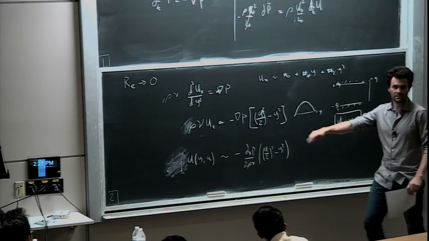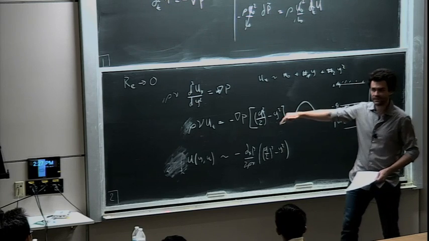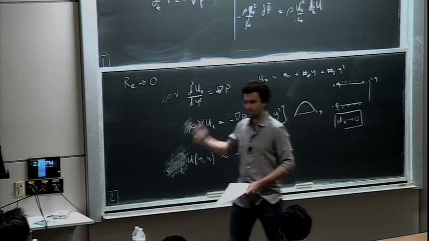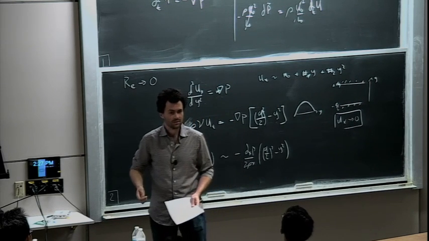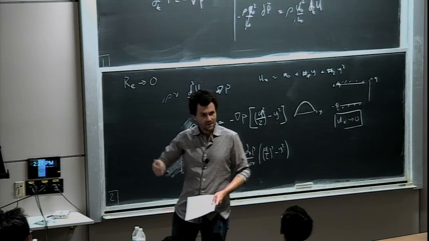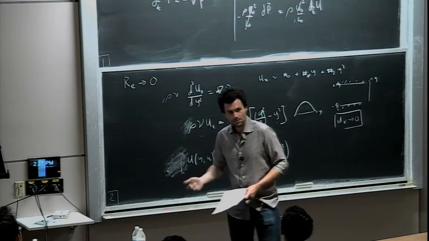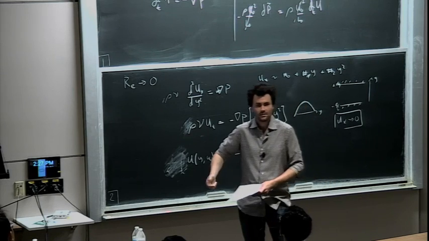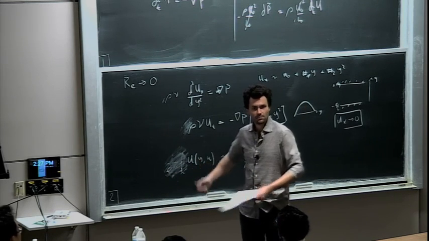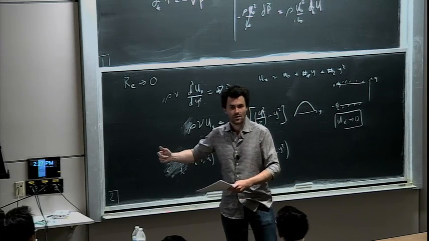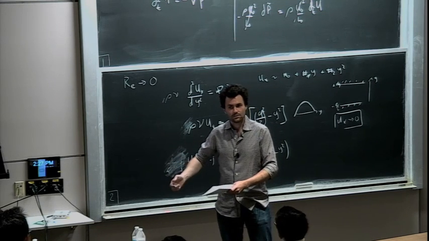You can do this as an exercise. So you can see that by dropping the terms in your equation in advance of solving the problem, we were able to recover one limit of the general solution. And by neglecting the other term, we were able to recover the other limit of the solution.